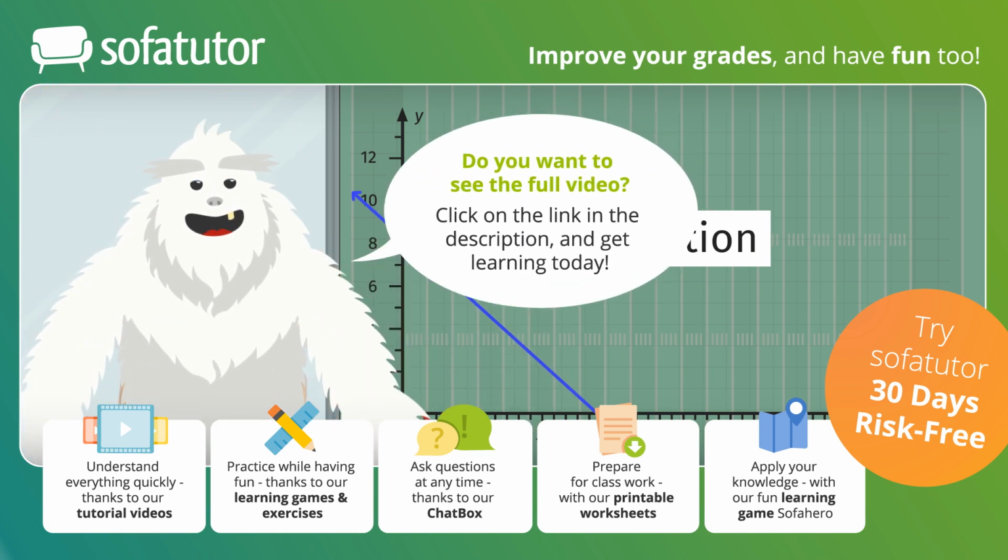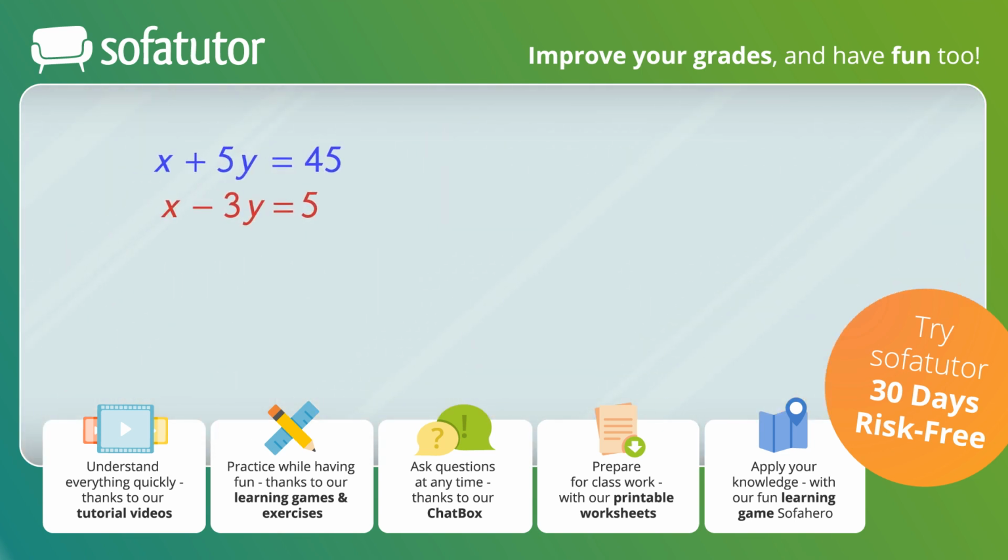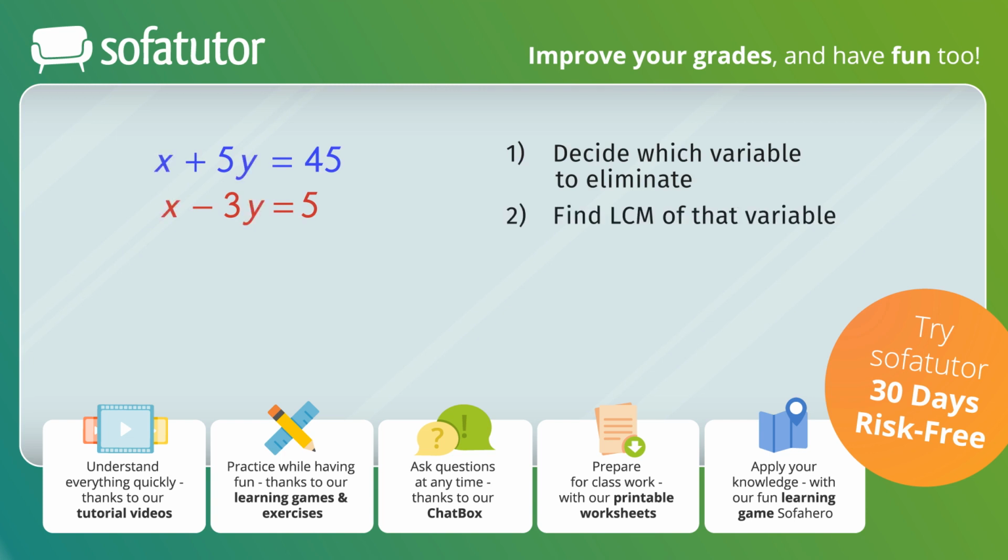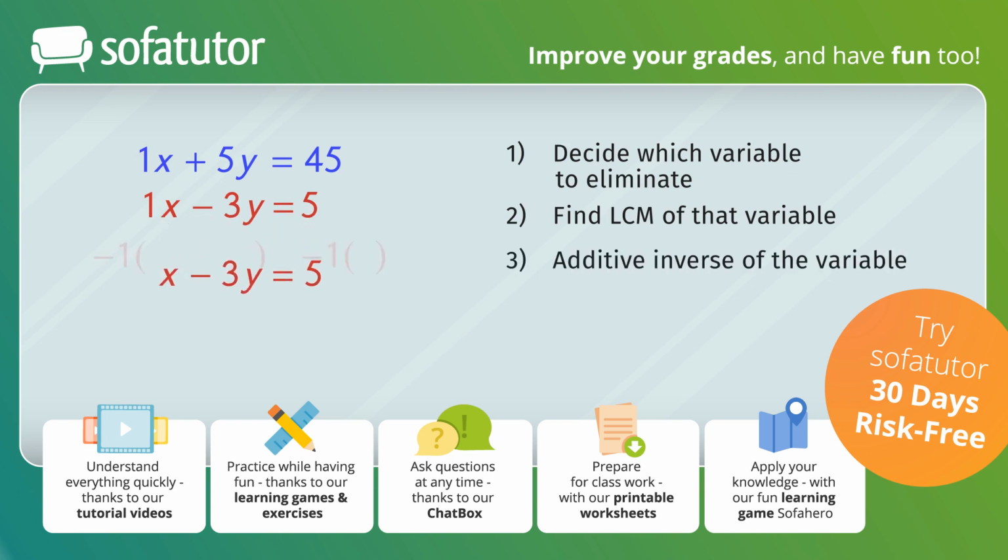Let's review our elimination method game plan using our first example. The first thing we have to do is to decide which variable we want to eliminate. Next, we have to find the lowest common multiple of the coefficients of the variable we choose. Before adding the two equations, make sure that we have the additive inverse of our chosen variable.